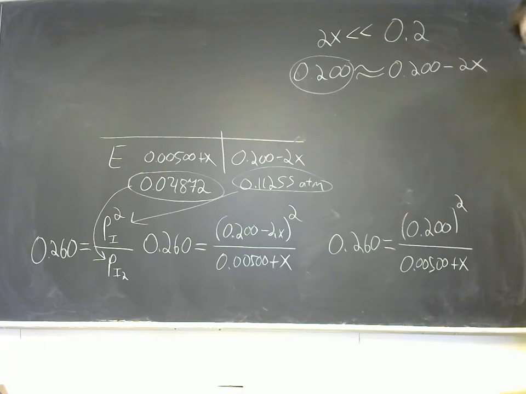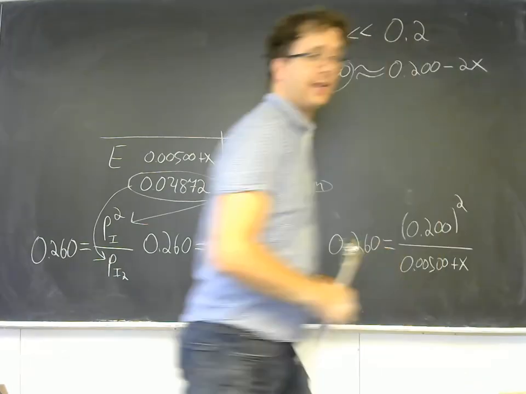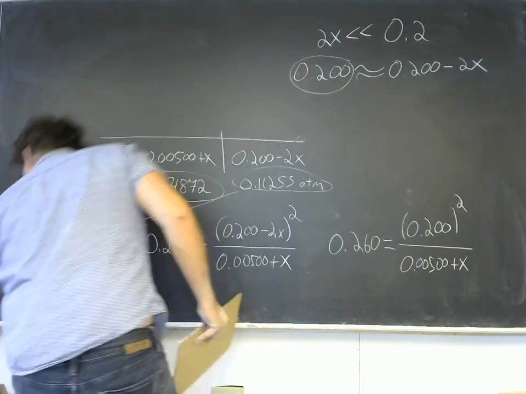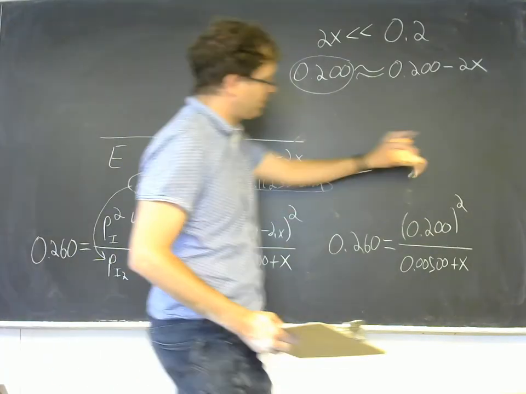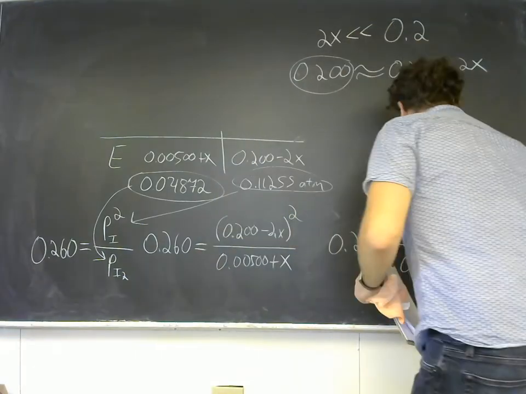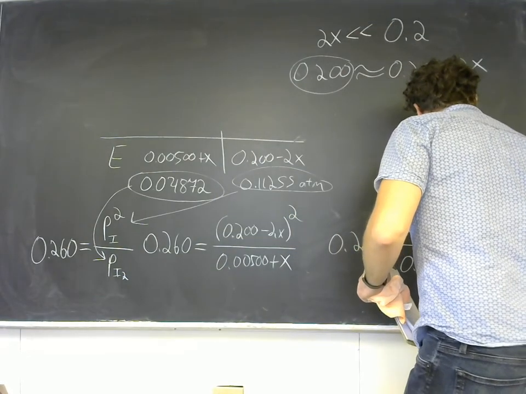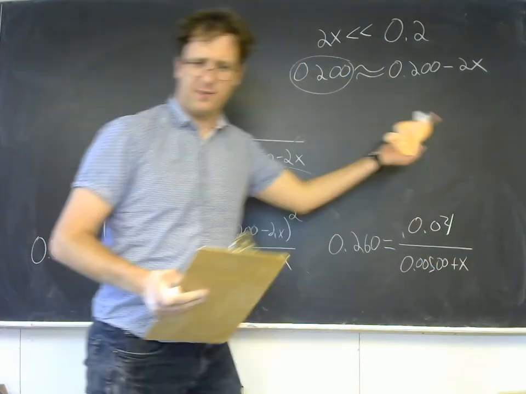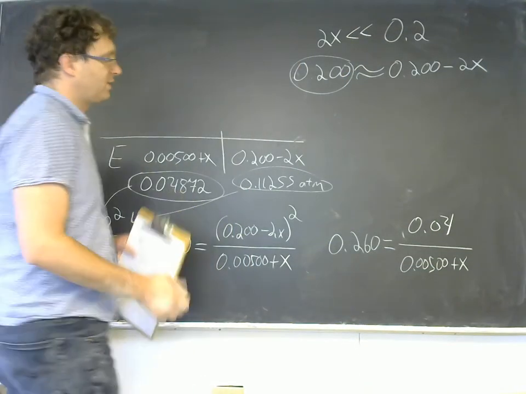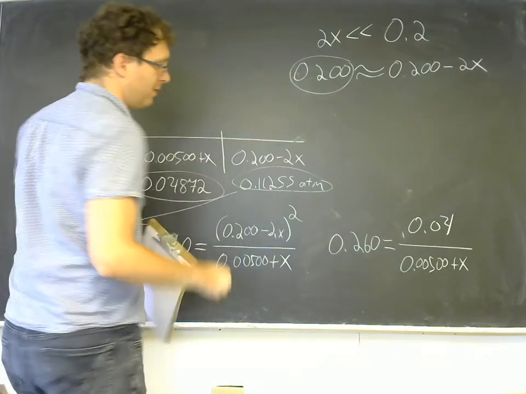Now that would make things a whole lot easier because 0.2 squared is a mathematical operation so simple I can do it in my head. That's going to be 0.04. And now we just have a simple equation with one x in it. So let's solve for x now.